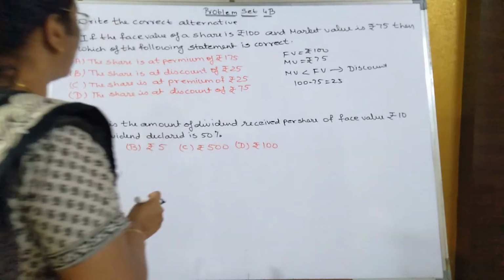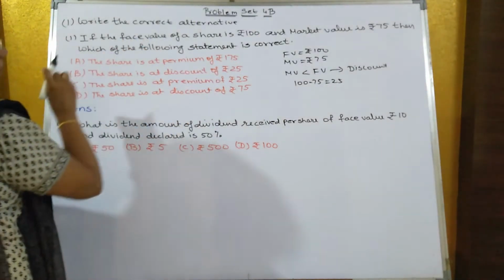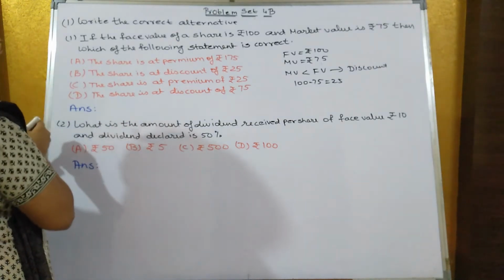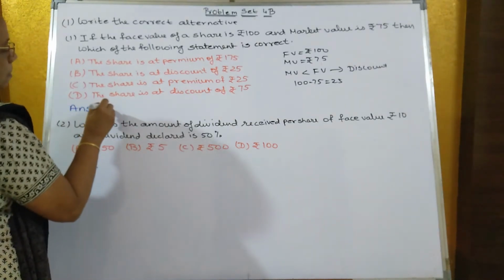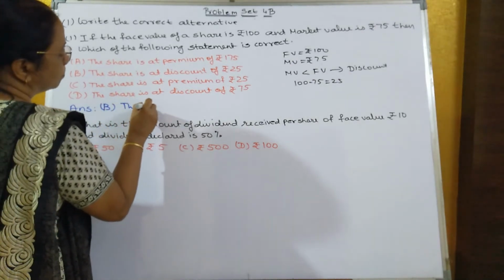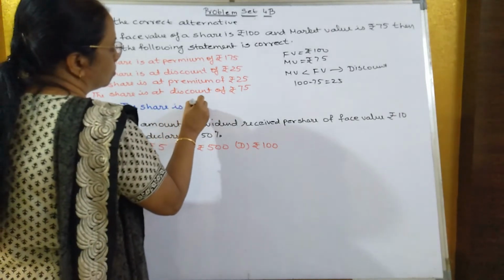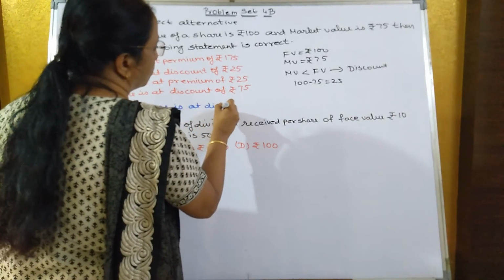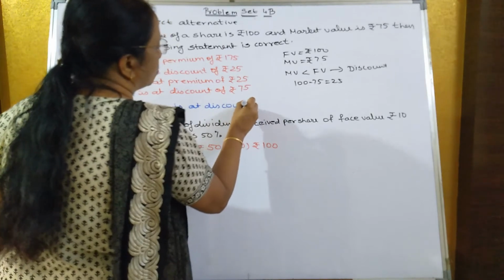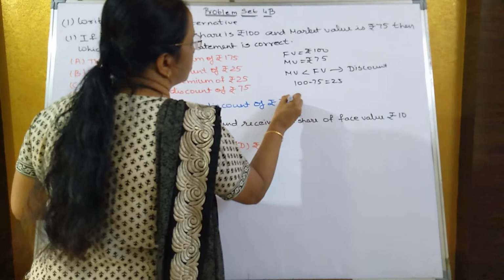So the correct option is B, the share is at a discount of rupees 25.